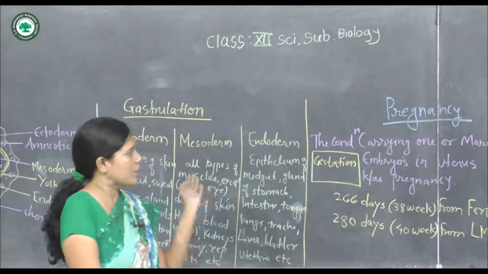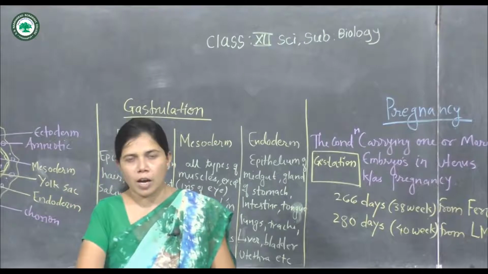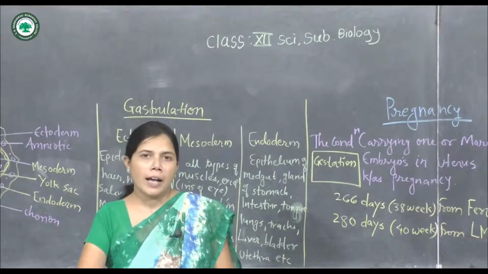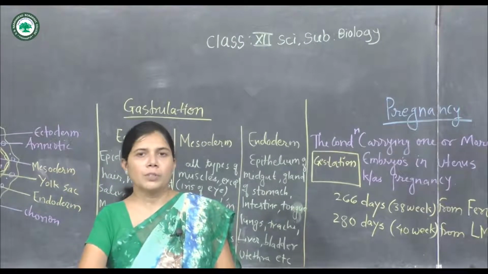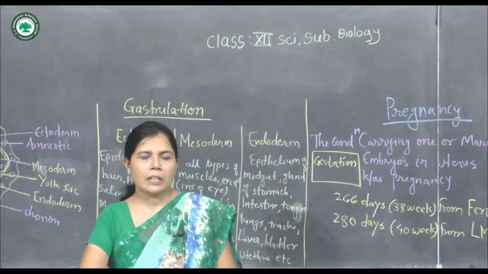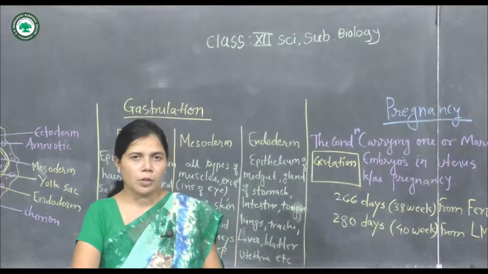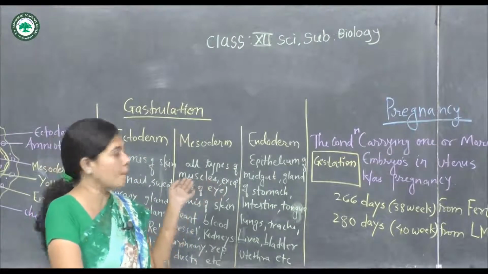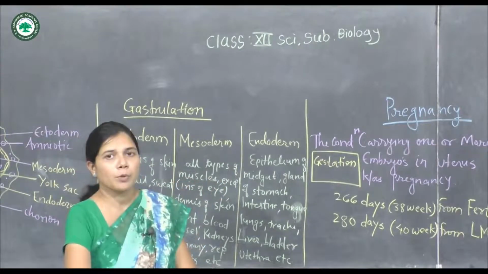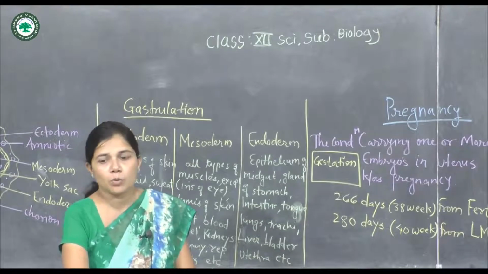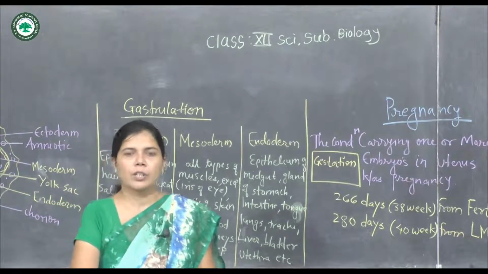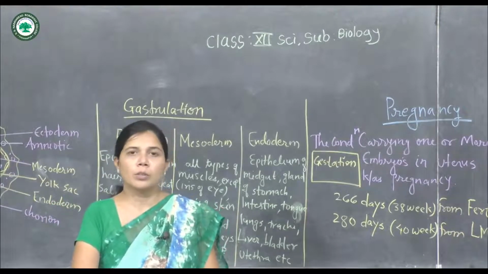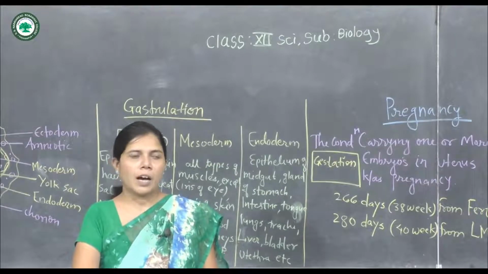The gastrula has three germinal layers: ectoderm, endoderm and mesoderm. The process of formation of the gastrula from the blastocyst is known as gastrulation, in which two steps are involved.